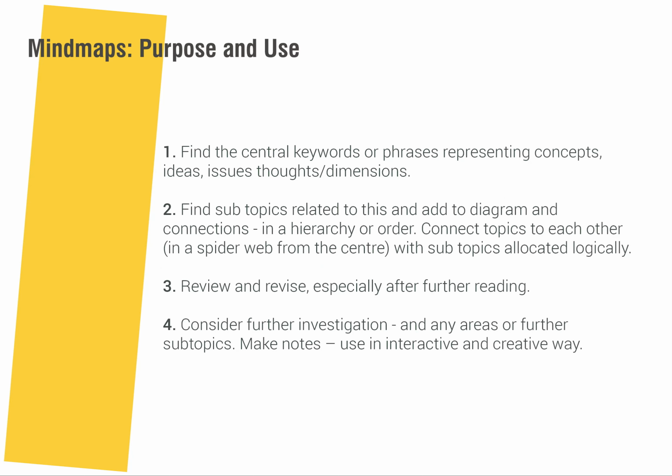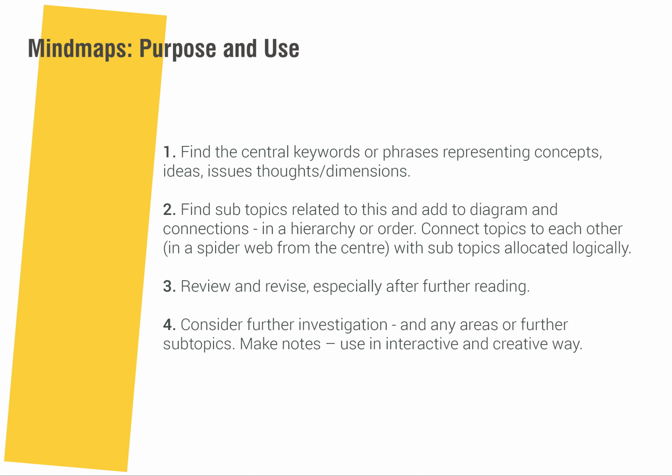So how do we actually create and then use a mind map? So the first step is to find some central keywords or phrases which represent to you the important things in your work or your project or your plan or your studying.